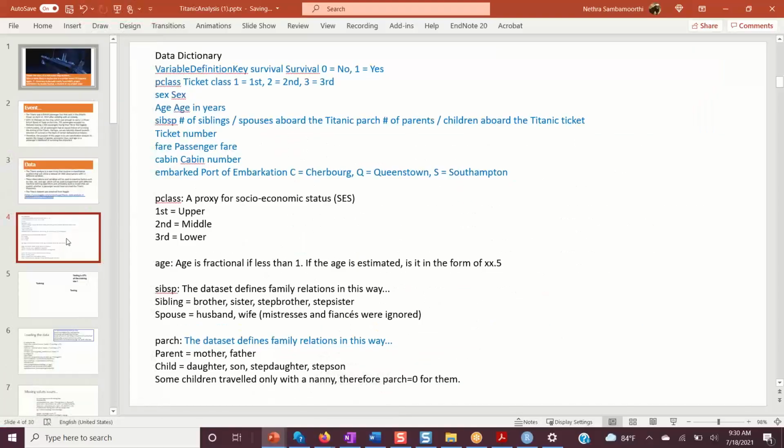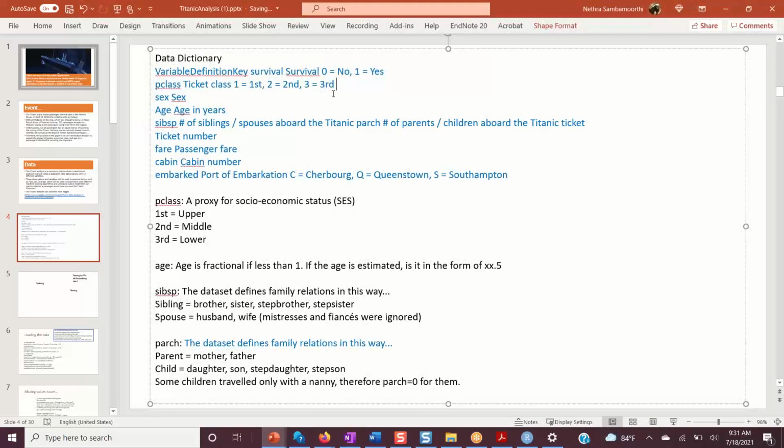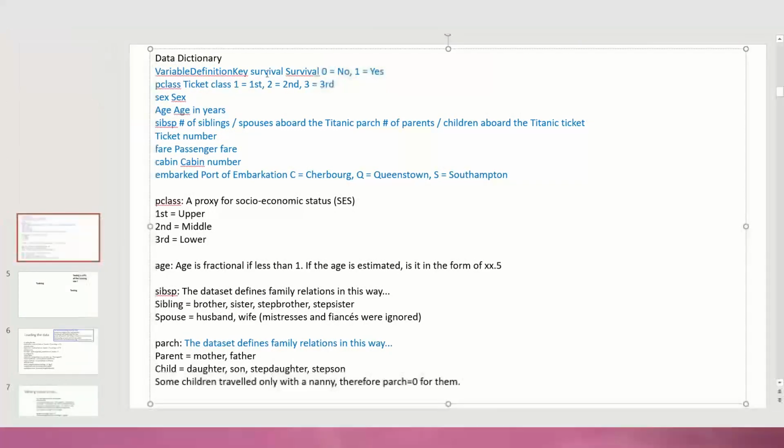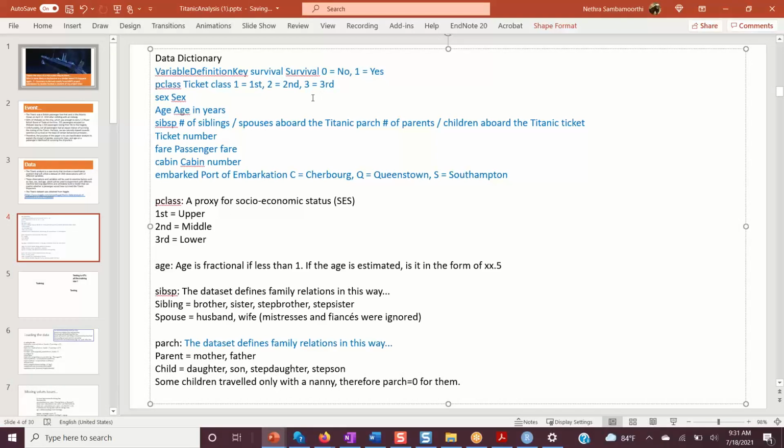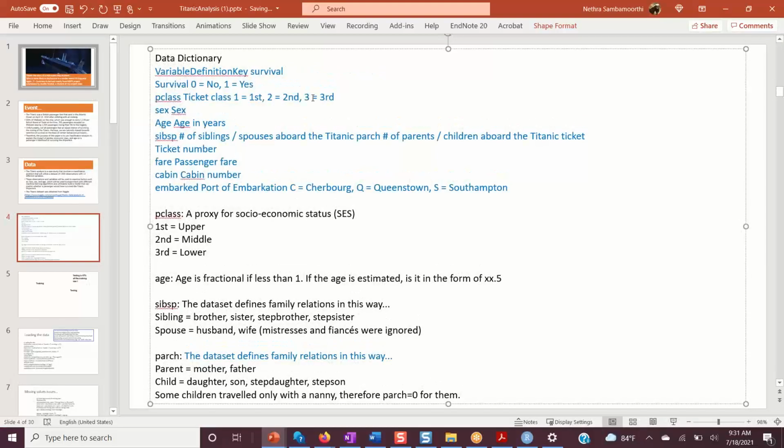So, what I want to tell you is that this is the variable data dictionary, right? Pclass: 1 means first class, 2 means second class, 3 means third class. Survival: 0 means not survived, 1 means yes. Sex means gender, and age is in years. Sibsp is siblings and spouses aboard the Titanic.